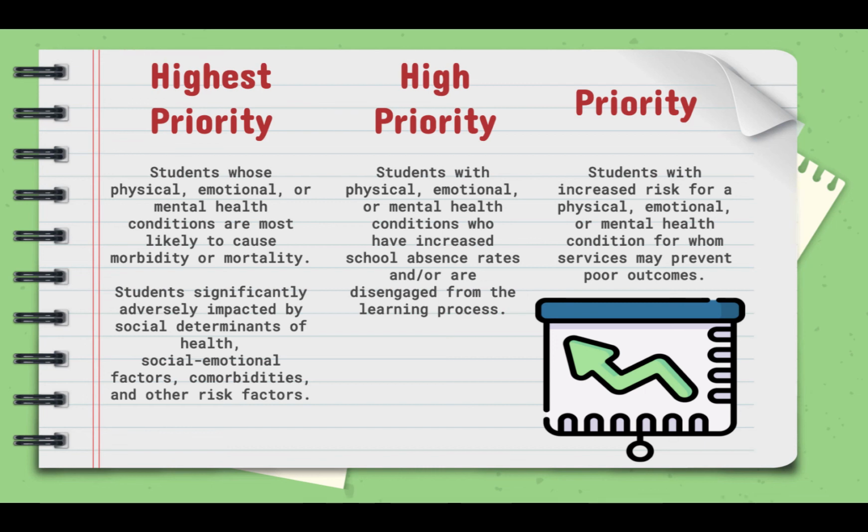And then these same students in the highest priority are students significantly adversely impacted by the social determinants of health, social emotional factors, comorbidities, or other risk factors.